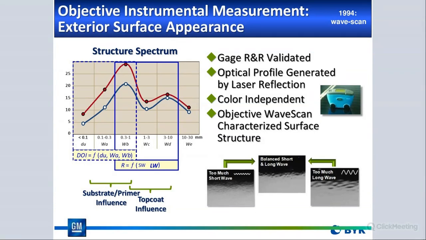But I can tell you that depending on where you are in the world, people's preferences for appearance numbers does change. And some people like what we call a wet look, which would be too much long wave, according to this example. But that's something that is definitely a preference by country.